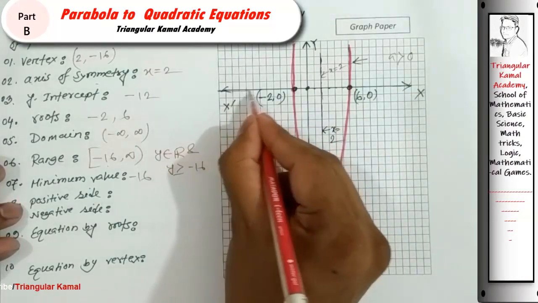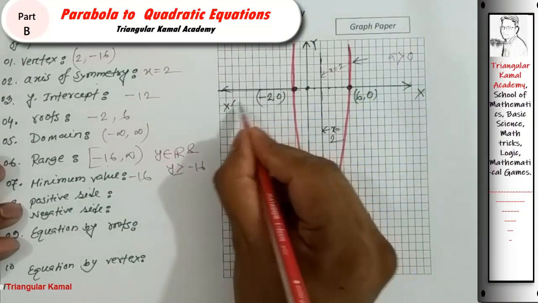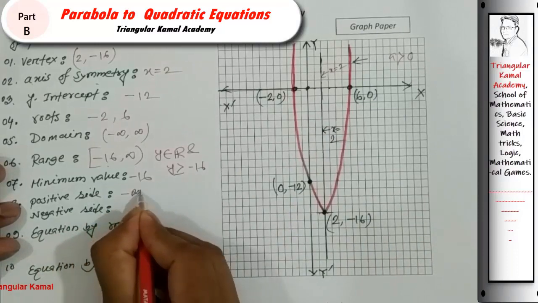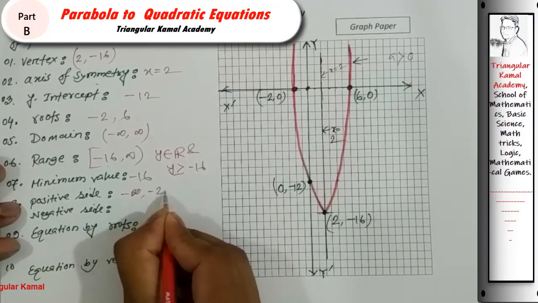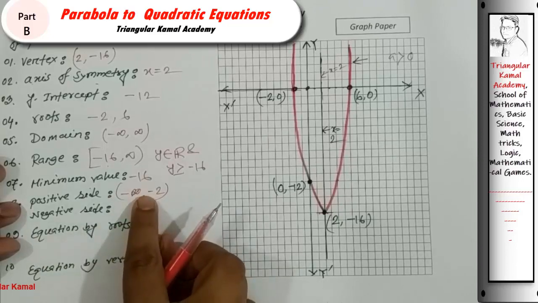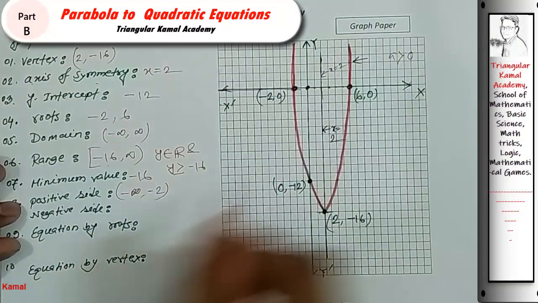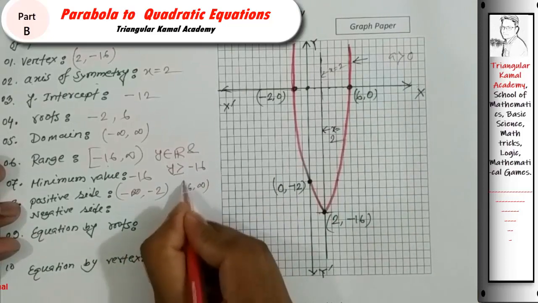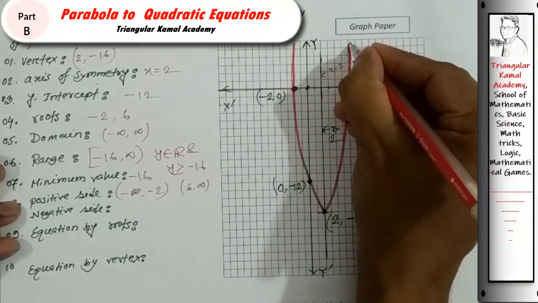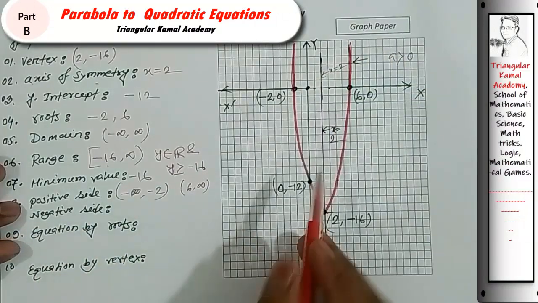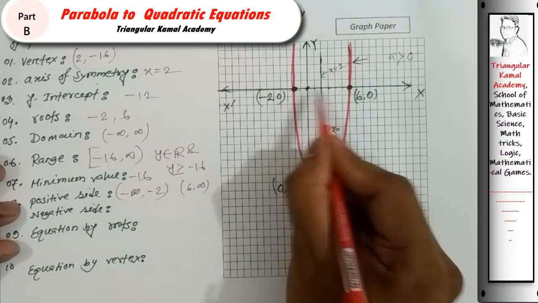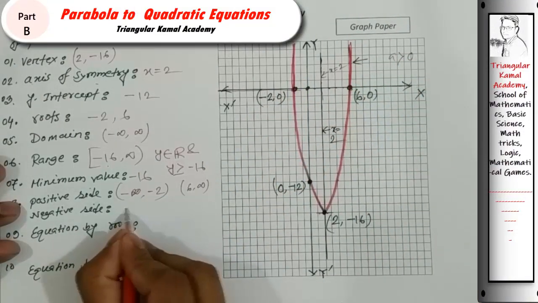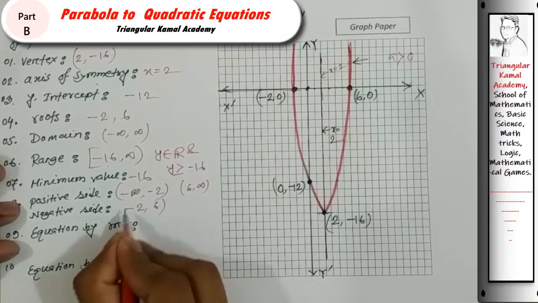For x from minus infinity to minus 2, we get the positive side of y, and for x from 6 to plus infinity we get the other positive side. And the negative side: for any values of x from minus 2 to 6 we get the negative side of the parabola, that is, the negative side will be minus 2 to 6.